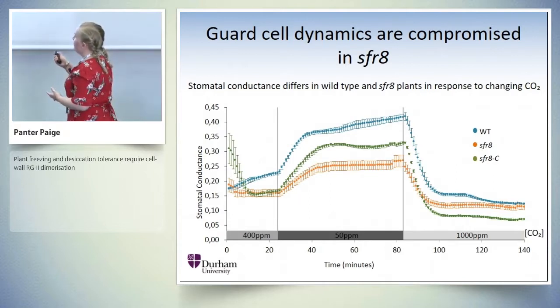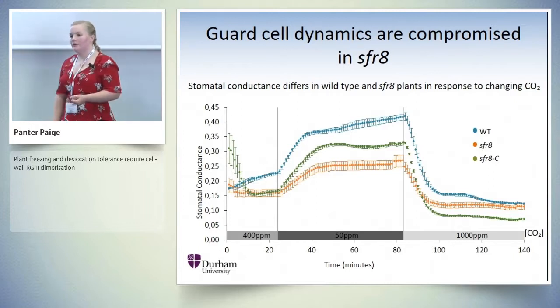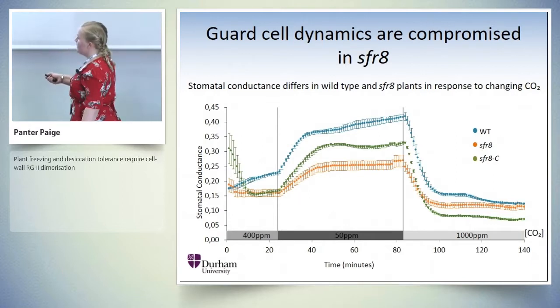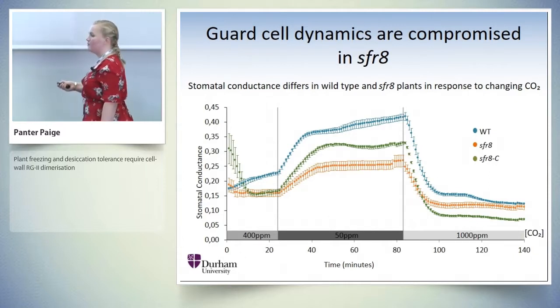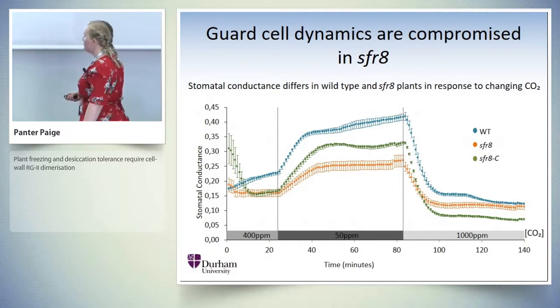And the stimulant that I used to affect stomatal openness was CO2. So you can see that with a decrease from ambient to low CO2 levels, there is an increase in stomatal conductance, which is what we would expect as the stomata open. And with an increase to high CO2, we see that decrease again.